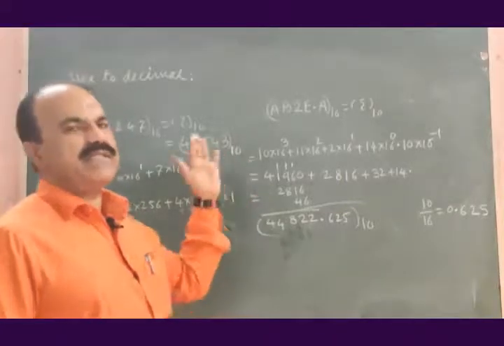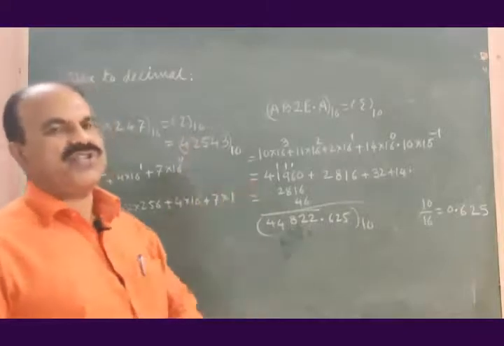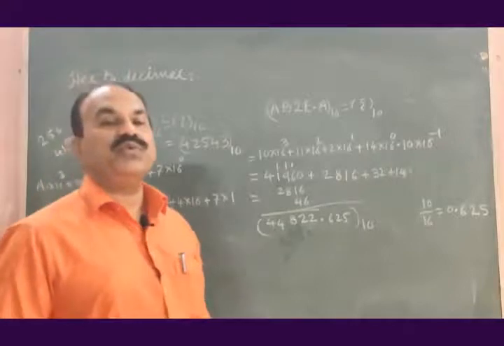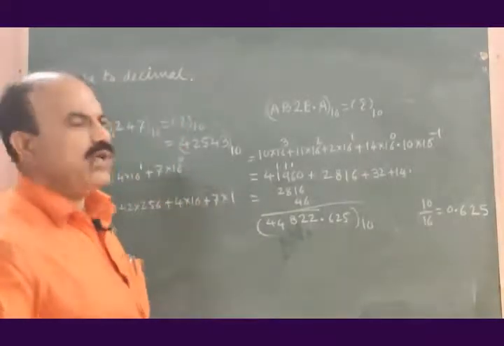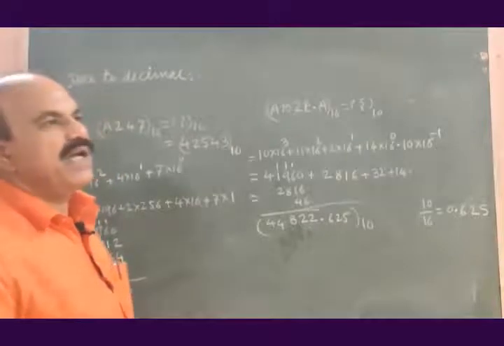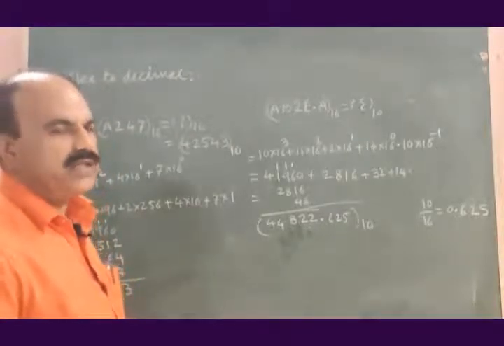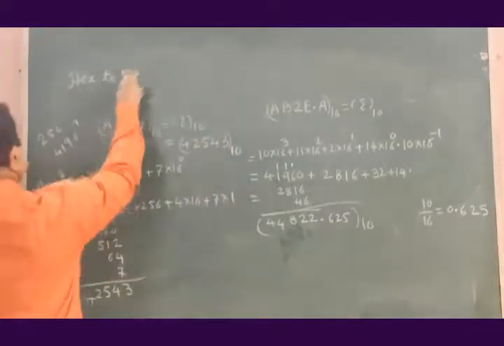Try to understand the procedure and do the conversion correctly. This is about hexadecimal to decimal conversion. Only two conversions are now left, and that is hexadecimal to binary and binary to hexadecimal. Let us go for hex to binary.